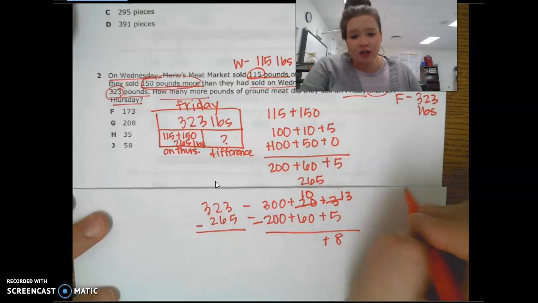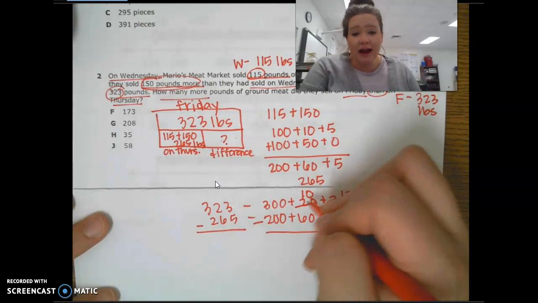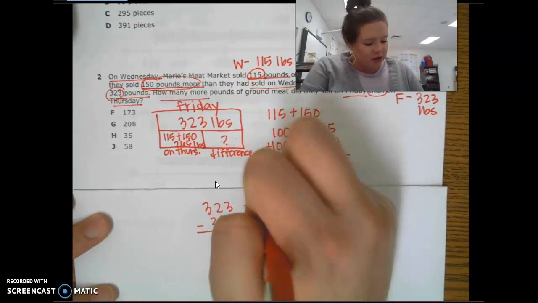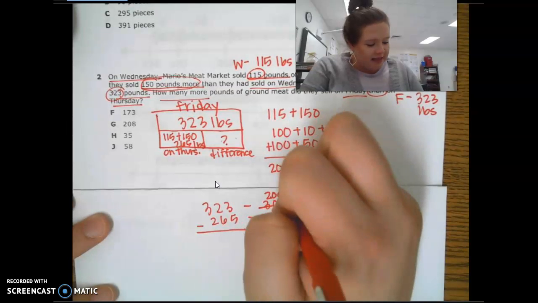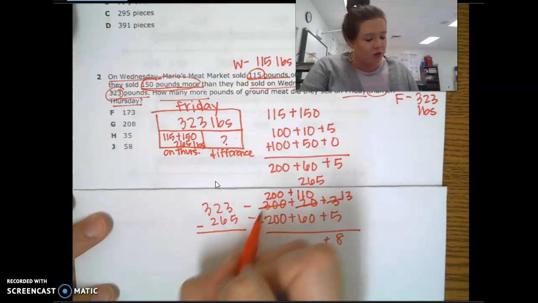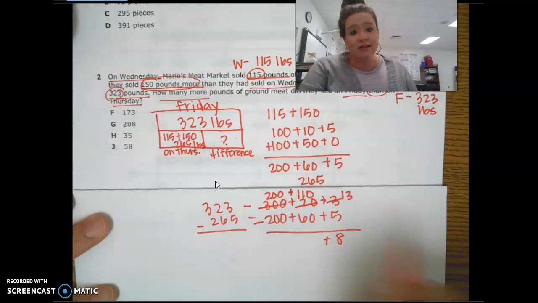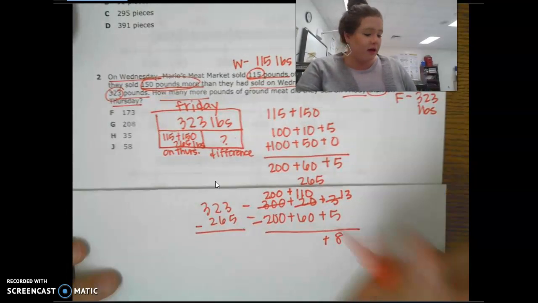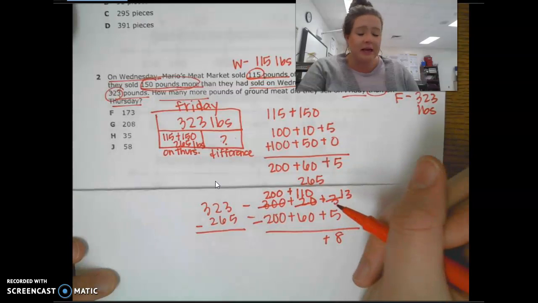10 minus 60. I cannot do 10 minus 60. I do not have enough 10s to subtract, so I need to regroup. This becomes a 200. This becomes a 110. I took a 100 from here and added it to the 10 that I had. So that becomes 110 minus 60.